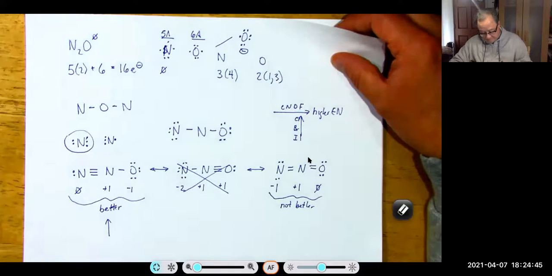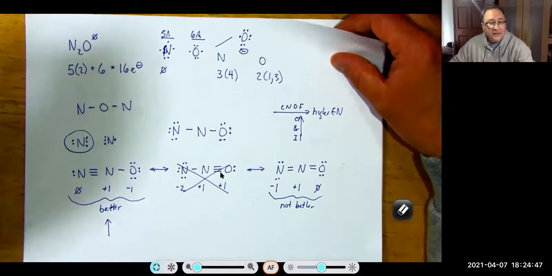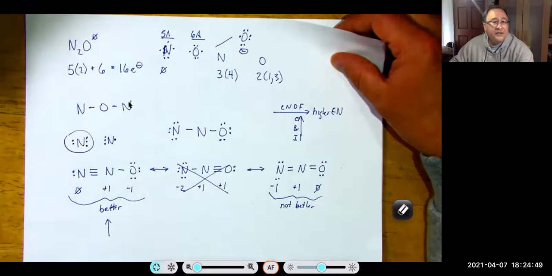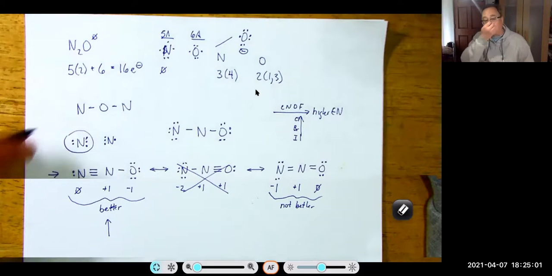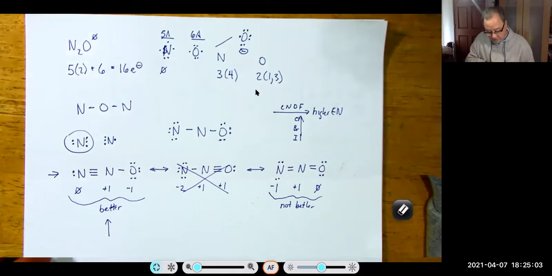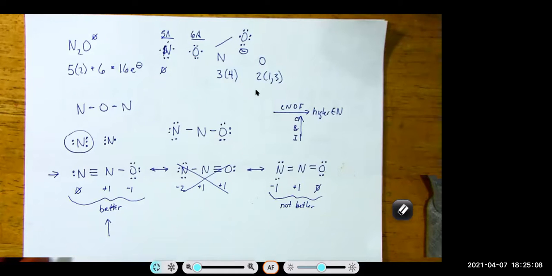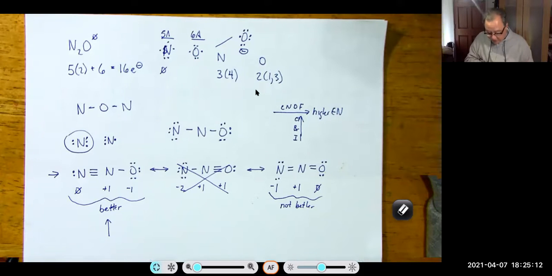Now, if we go to the next question here: draw all of the resonance structures that provide an octet for each atom. So that's what I've done right here for draw all of them. Do you see that they all have octets? And then we just did the formal charges and we evaluated them. Better, no way, worst.